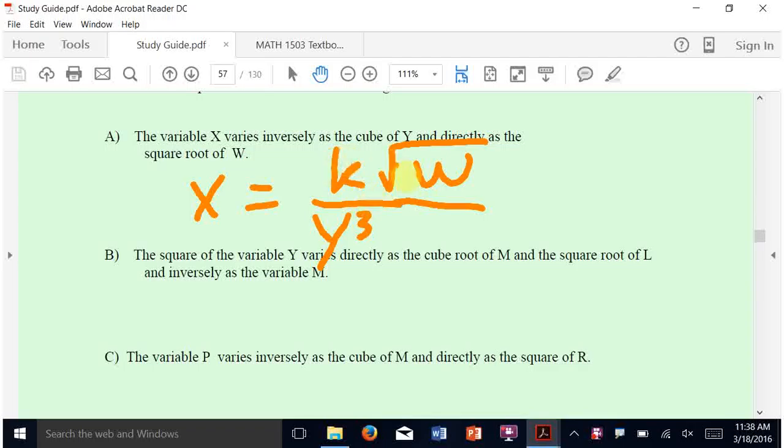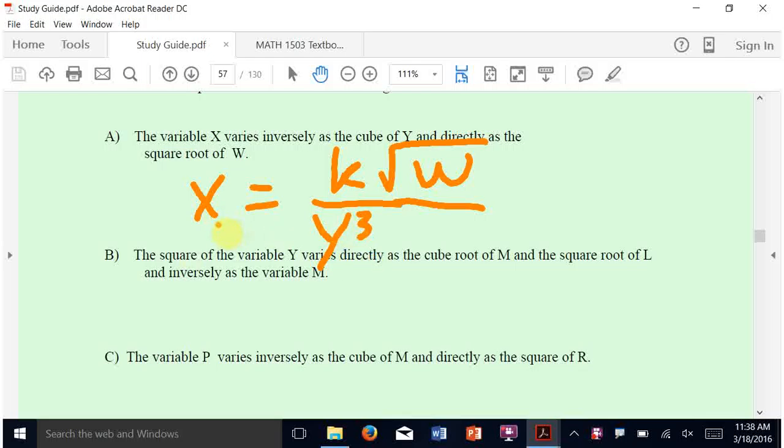And even though I have multiple variables involved in this equation, on the right side of the equation I have a w and a y, I'm only going to have one k. And when I had inversely as the cube of y, I knew to put y cubed on the bottom because it's inversely related to x.